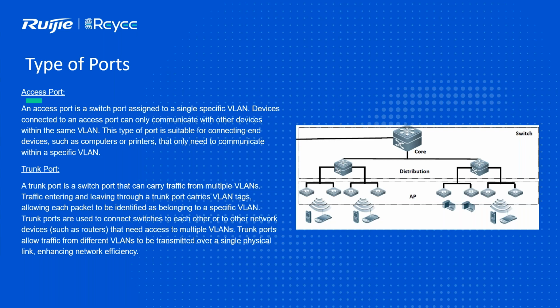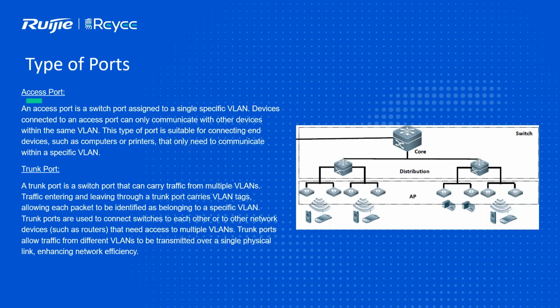What does this mean? Usually we implement a trunk in the distribution sites, not in the core or the router, but between the distribution switches. Why? Because the data that passes through the distribution switches goes to different departments, which means different VLANs.